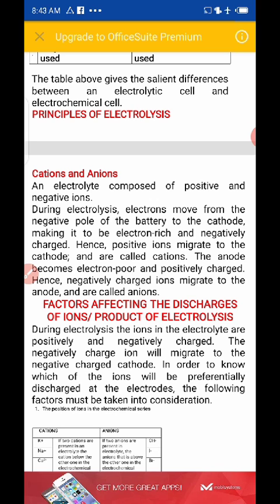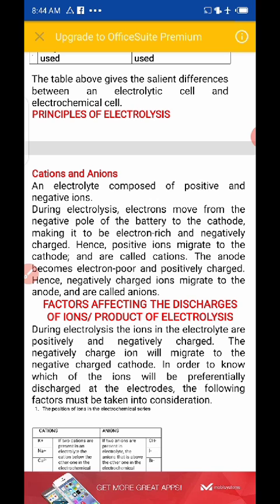Positive ions migrate to the cathode and they are called cations. And the anode becomes positively charged, so the negatively charged ions migrate to the anode, and they are called anions. We shall understand this one better.